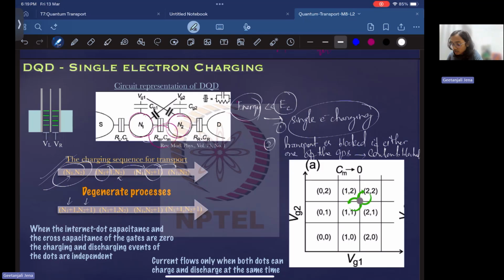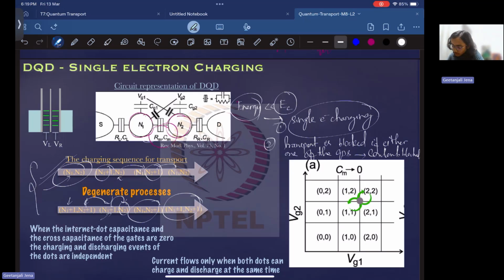So to see charge transport, this extra electron has to tunnel to the drain region, so that N2 plus 1 becomes N2, and N1 plus 1 remains as it is. Now this extra electron from N1 can go to N2 because there is no extra electron in N2. So now the charge distribution is N1 plus N2 plus 1, and it will tunnel to the drain side. These are the two processes that we can have in the low bias region.